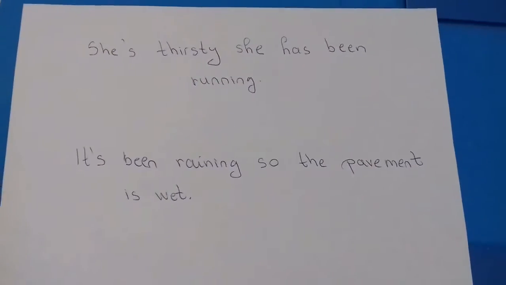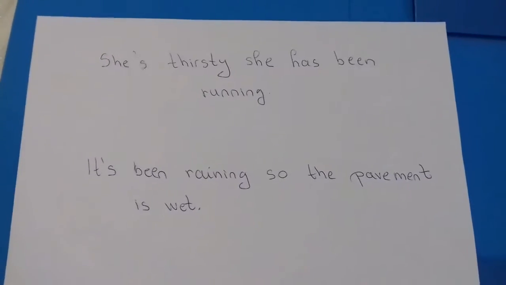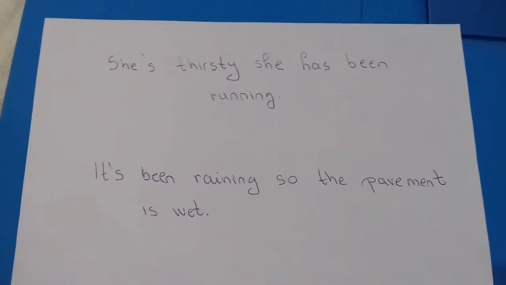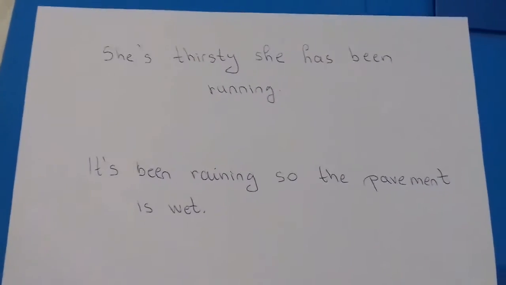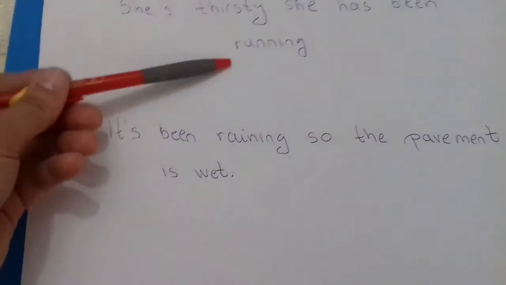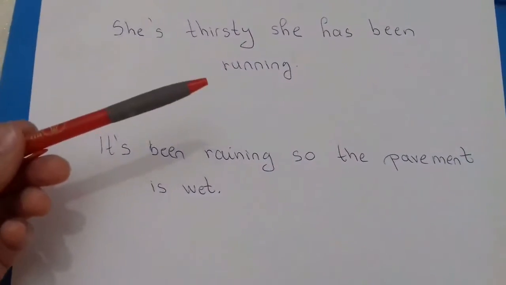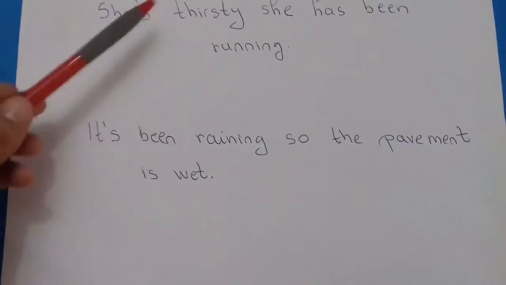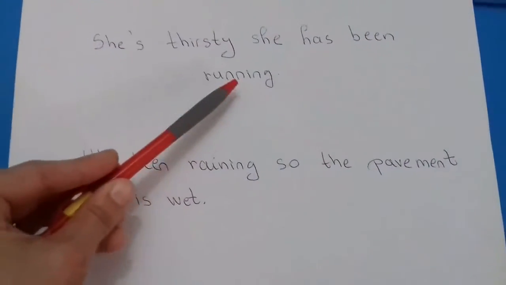This is also one of the uses of the present perfect continuous tense, when we use it to talk about a recent continuous activity when we can see the results. For example, she's thirsty and she has been running. This is the action and the result is she's thirsty because she has been running.